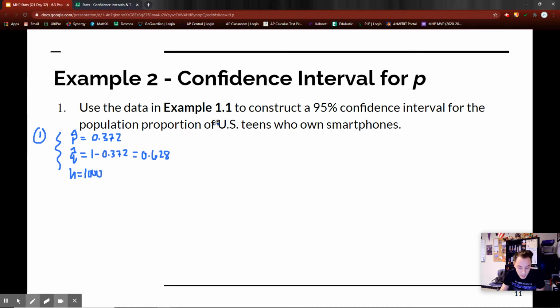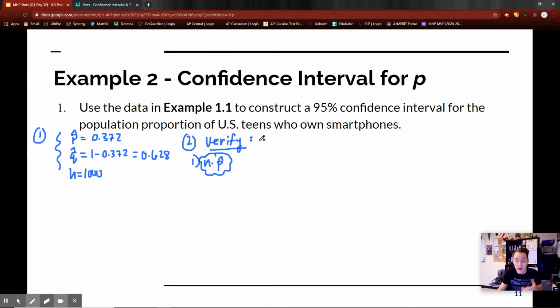All right? I want to verify that this is a normal distribution. So how can I do this? Well, I need to do two tests. So my first test is I need to take n times my p hat. And don't worry, we're not going to be doing this every single time because it is rather tedious.